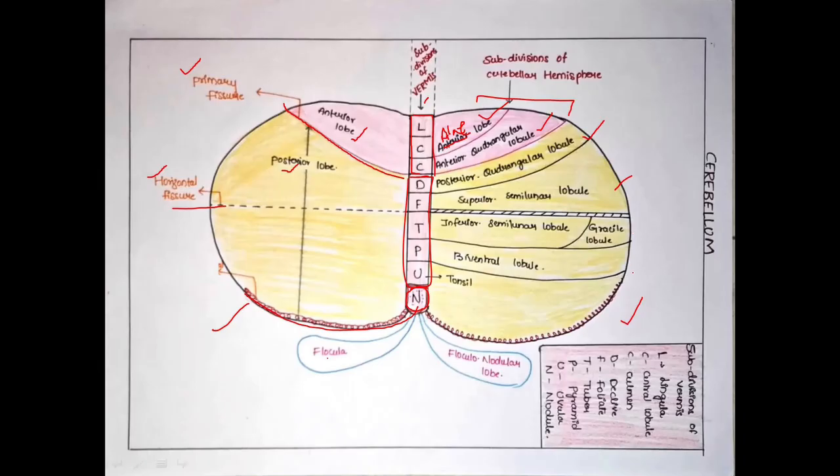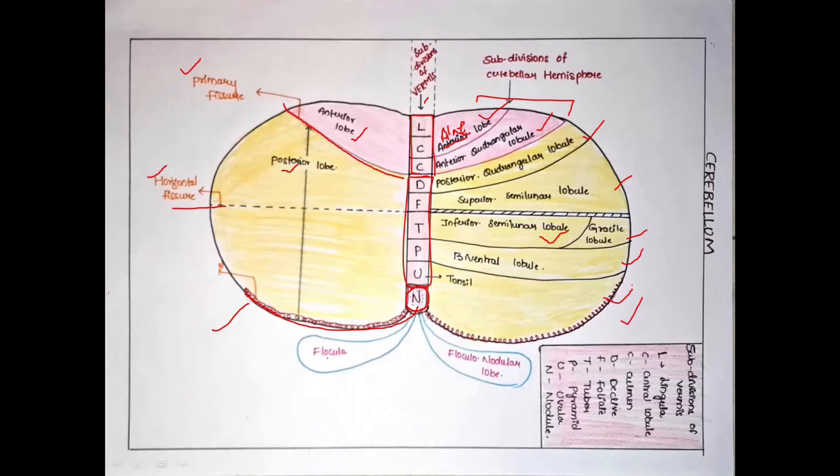And for the tuber, the inferior semilunar lobule, and a few textbooks also comment on the gracile lobule. You can add that as an additional point: inferior semilunar lobule and gracile lobule. And in relation with the pyramid, we have the biventral lobule, and with the uvula, we remember the tonsil. This all corresponds to the posterior lobe of the cerebellar hemisphere.